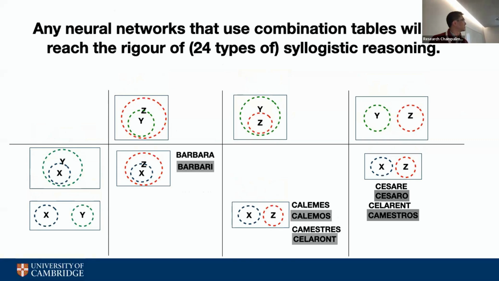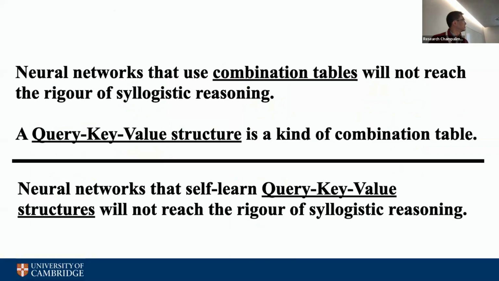And if we say the query key value is also a combination table, then the transformer cannot either. And large language models, whose building block is the transformer, cannot either. Then we need to question, is it possible we just train one type?